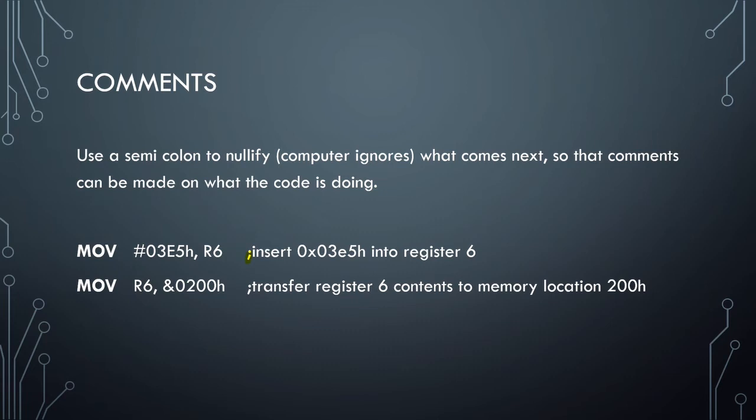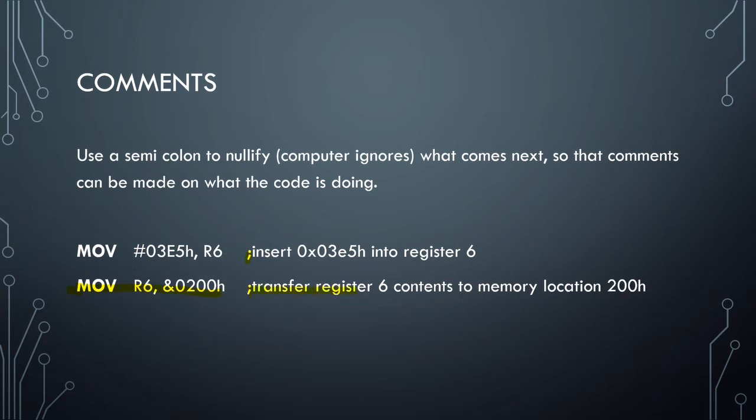So the computer is reading that it's going to move this value into register 6. And you can see this is my comment, right? This kind of reminds me of what the line is doing. And so the computer isn't reading my comment, and it picks up reading this second line here. It just sees this command. And on the second line, I have another semicolon and a comment after.